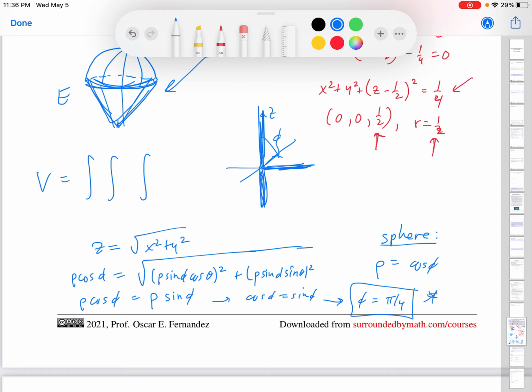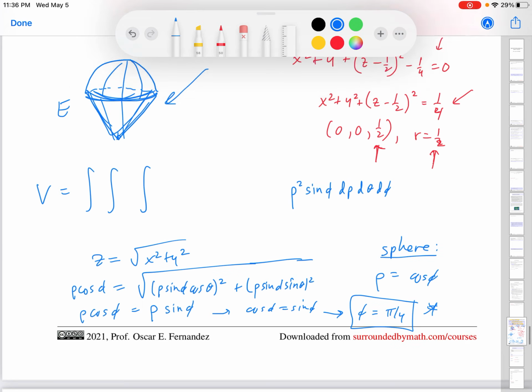So the nice thing about doing all this is that we now have information about the bounds in spherical coordinates for this volume. So I'm going to put in the volume element, rho squared sine phi, d rho, d theta, d phi. Okay, and I know what my phi is. So my phi goes from phi equals 0.